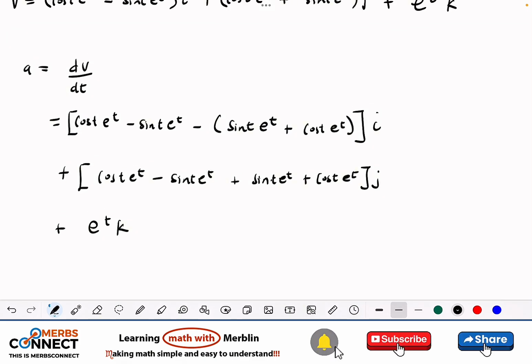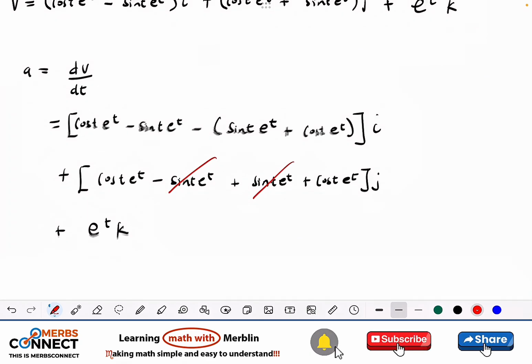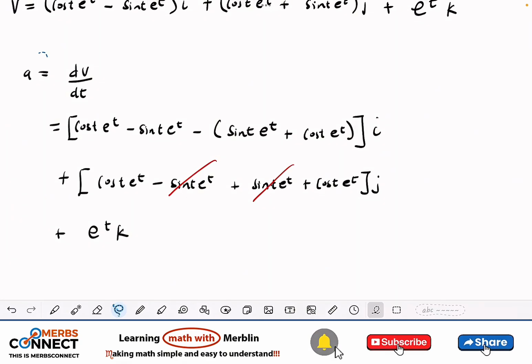This is indeed nice. Now let's try and see if you can simplify. Yes, we can do that. I think this guy can cancel this guy. Is that true? Yes. And then when I multiply the minus through this, cos will cancel the cos here, right? So let me just simplify the top there.